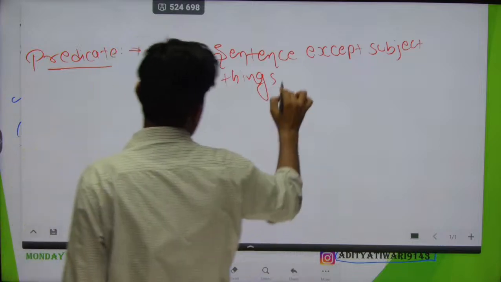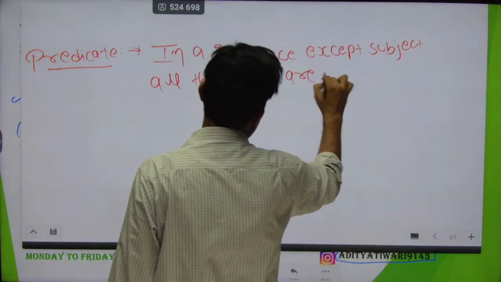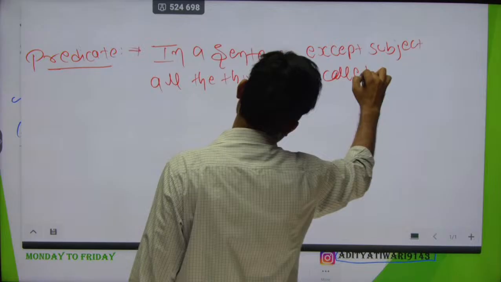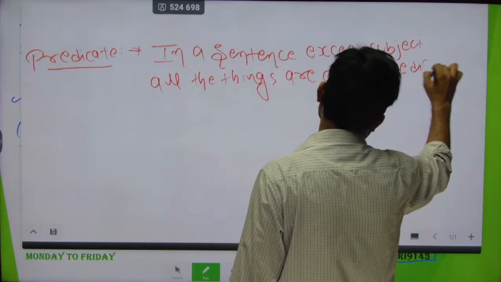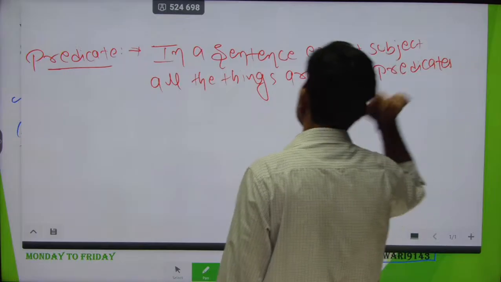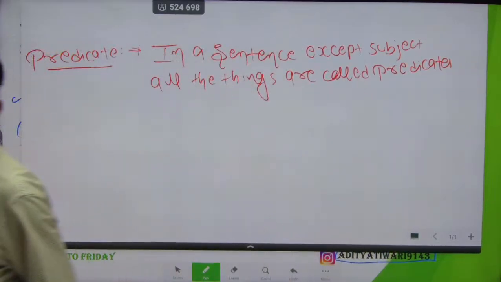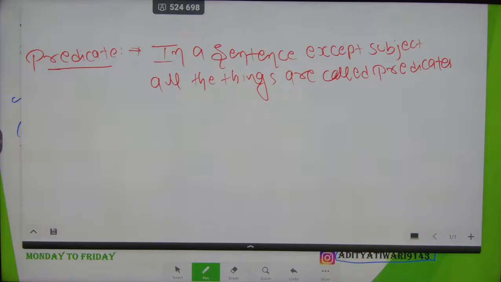It's really very easy to understand that in any sentence except the subject, we can call everything a predicate.